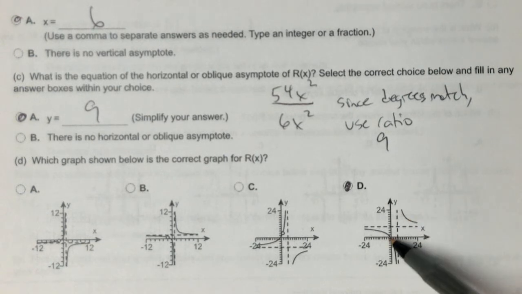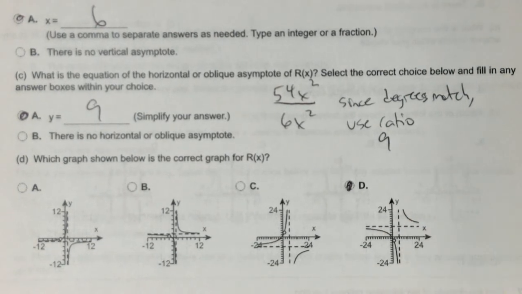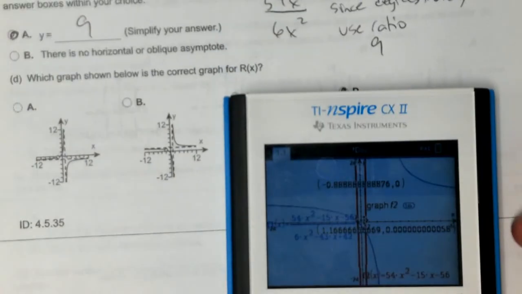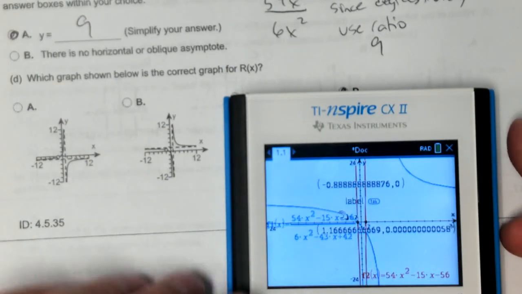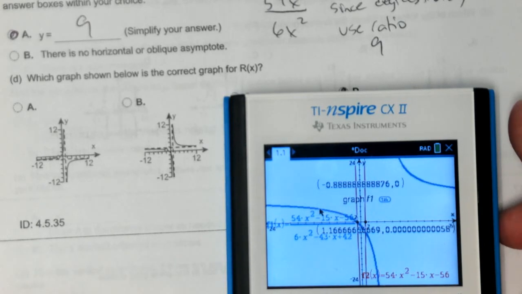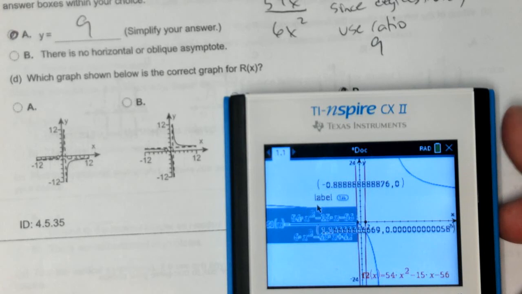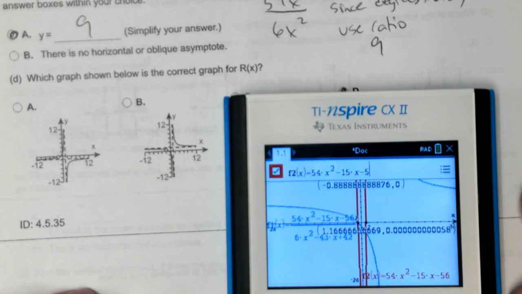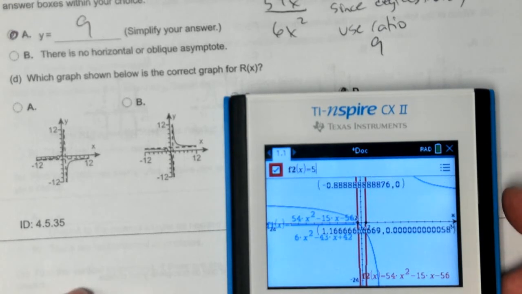And you can't really just count it, but if you check on your graph, let's go to this again. Tab. And change this denominator function to just be 9.